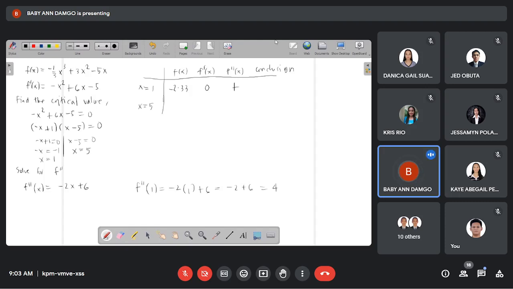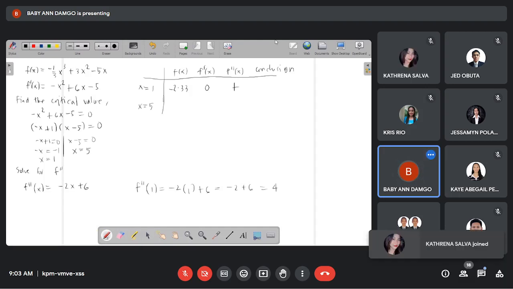So this is negative 1/3 times 125, plus 25 times 3, this is 75, minus 25. Okay, so we have here negative 125 over 3 plus 50.